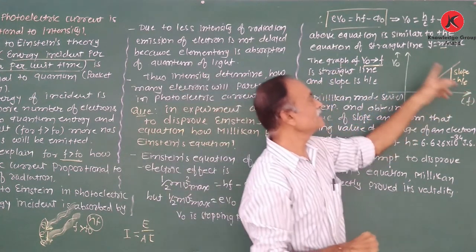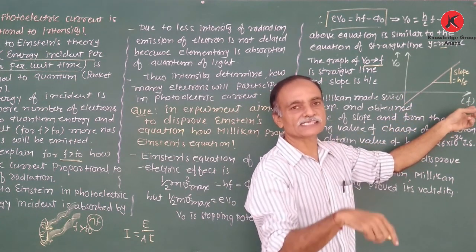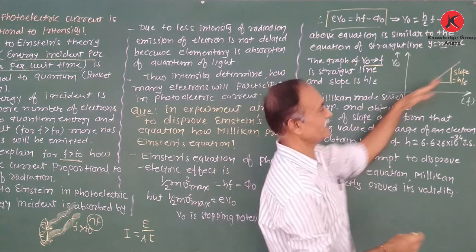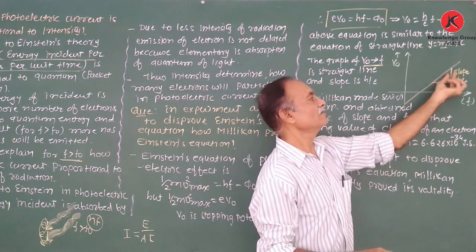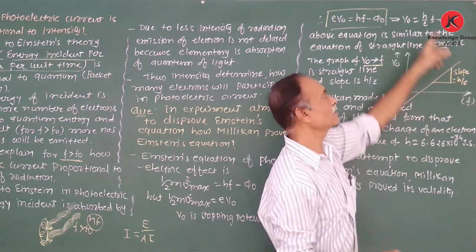In this figure, the graph of stopping potential versus f is given according to Einstein's explanation. The graph is a straight line, and the slope of this graph is h upon e from this equation.